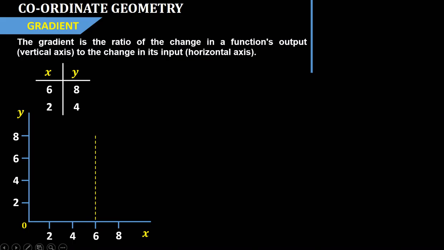So I've traced that 6 with a dotted line, or dash or broken lines, whichever one you want to call it or use. Now I'm going to trace 8 on my y-axis. You can see I have 6 here on my x-axis.